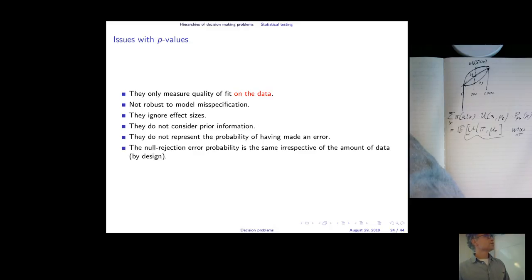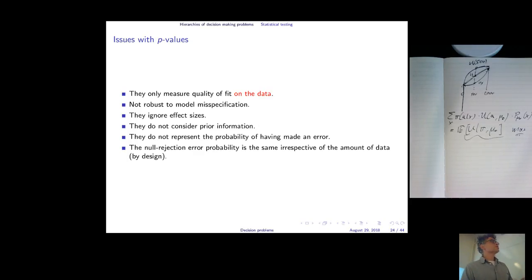Now there are various issues with p-values. They only measure the quality on the data itself. If you have the wrong model, then of course this is not robust. They ignore effect sizes, so they just tell you how close you are to this null model, which is that there's no effect. But if you want to measure small effects, then it doesn't work. There's no prior information involved, so if you think that you are more likely to be a medium than somebody else, you cannot add that in.